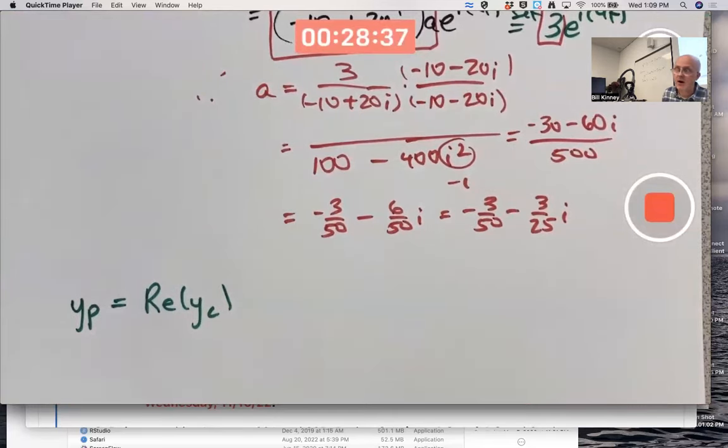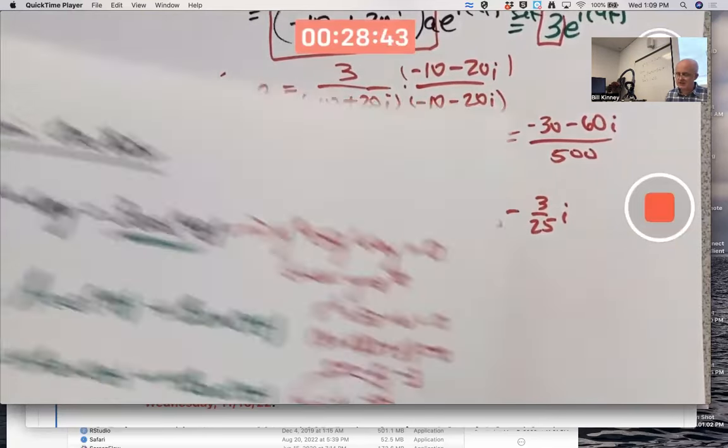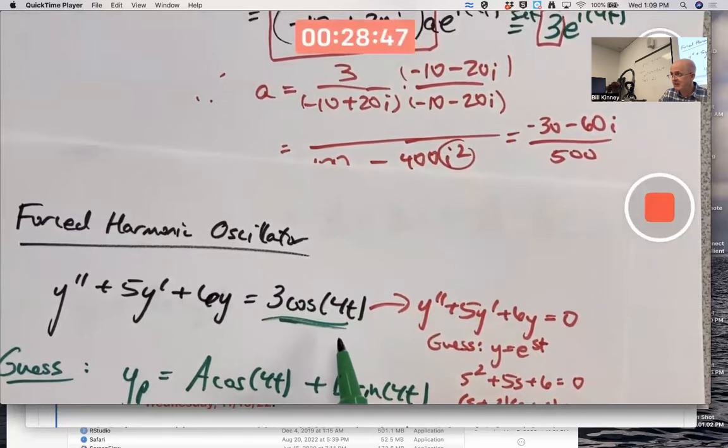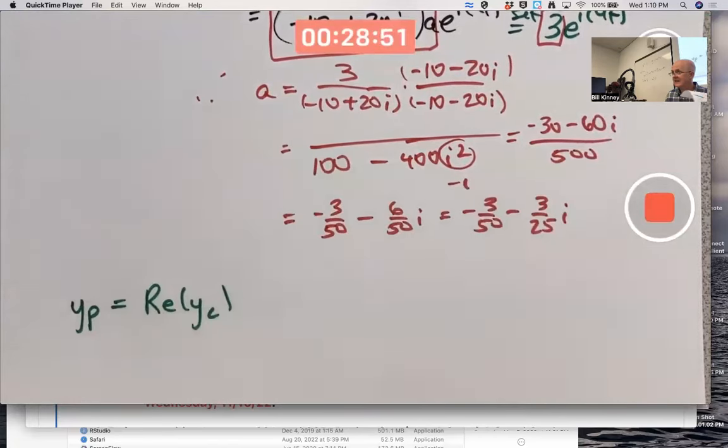RE stands for real part. We take the real part because the original non-homogeneous equation has a cosine on the right. If it had been a sine, we'd take the imaginary part. Because with Euler's formula, cosine is the real part, sine is the imaginary part. That's why.